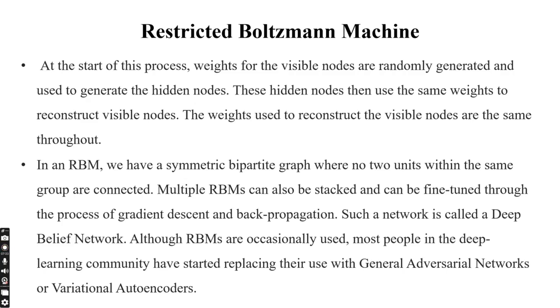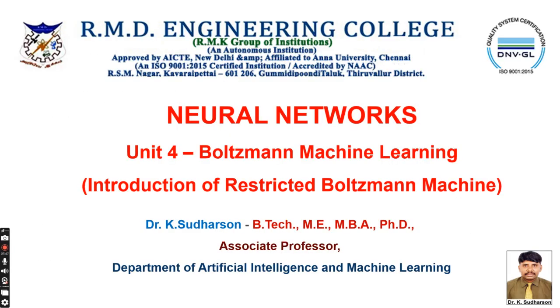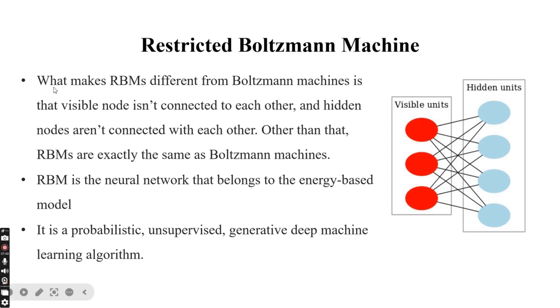Okay, I hope you understood the restricted Boltzmann machine. Now let's recall all the points we understood. Introduction to the restricted Boltzmann machine: it is the same as a Boltzmann machine, having two units, visible unit and hidden unit.